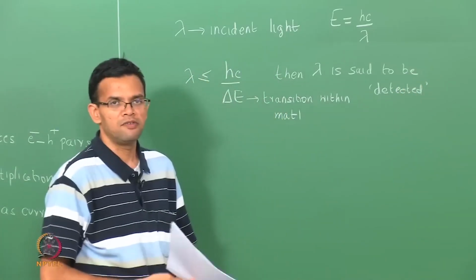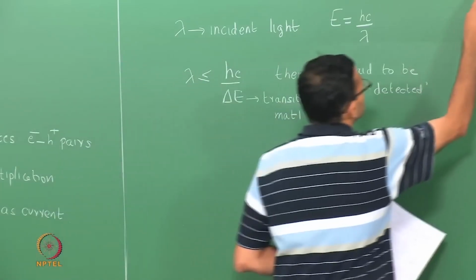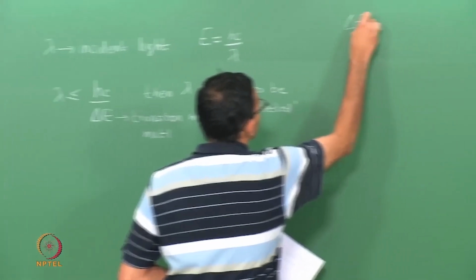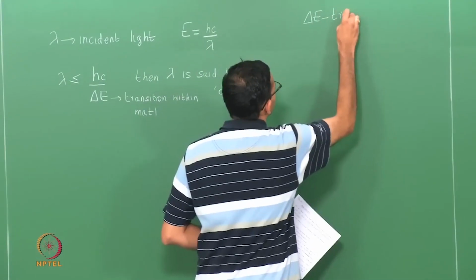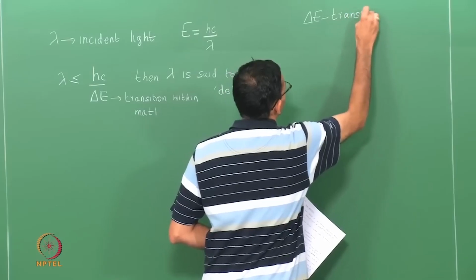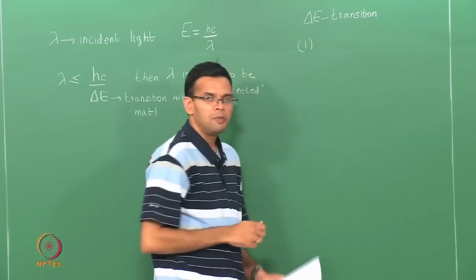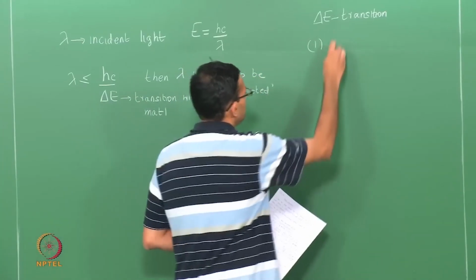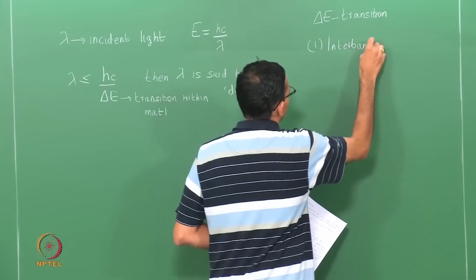So, what are these different transitions that delta E can correspond to? So, delta E, which represents the transition in your device or transition in your material, could be an interband transition. So, it could be from the valence band to the conduction band.